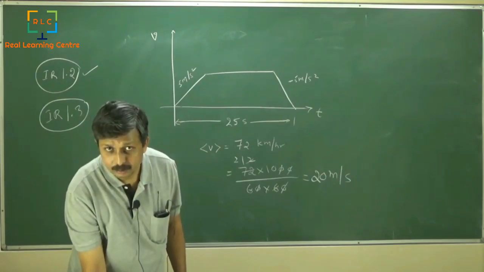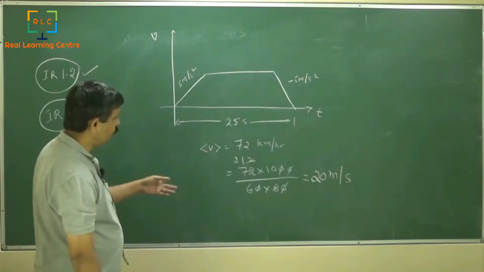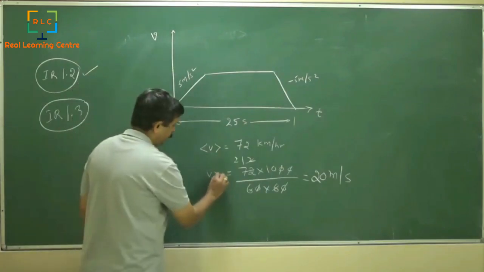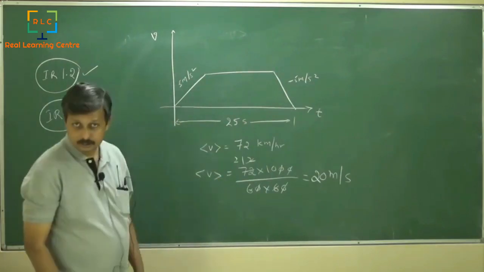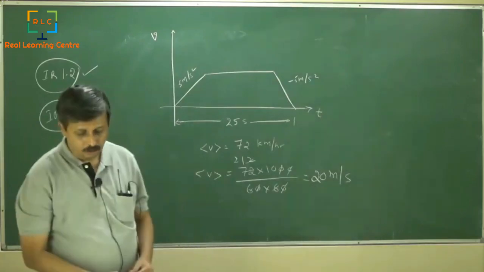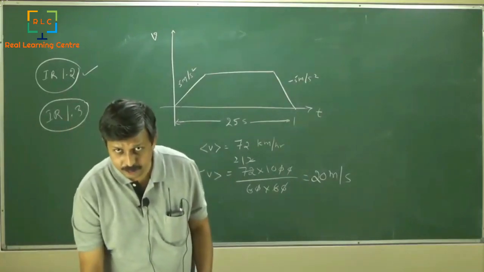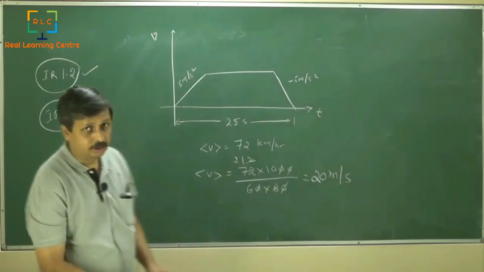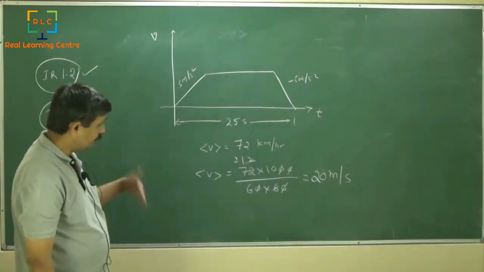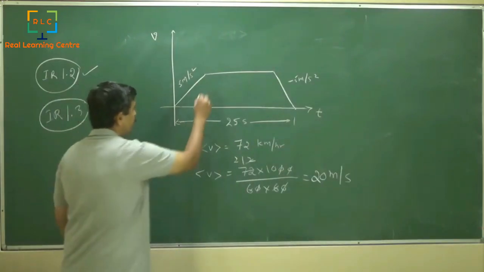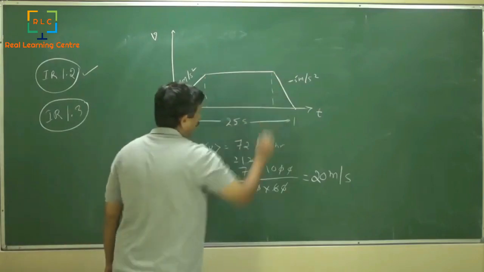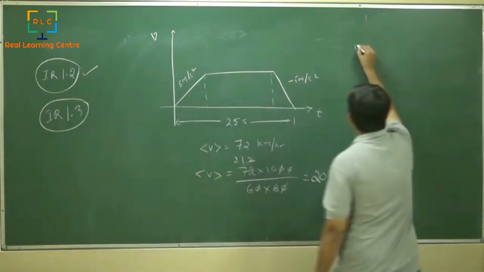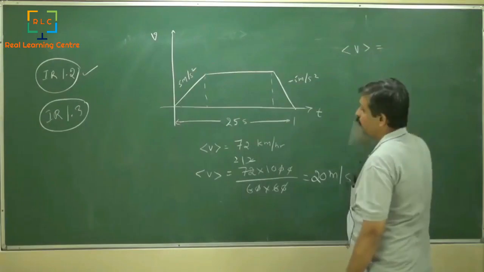Now I'm going to show you how to go about it further. You got v. Now let us see our statement on average velocity. Average velocity simply means total displacement by total time.